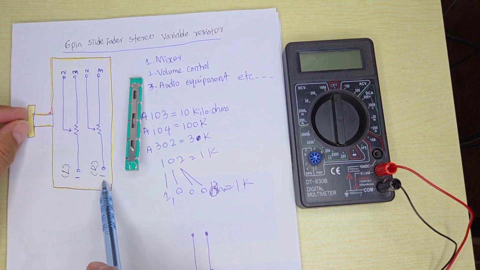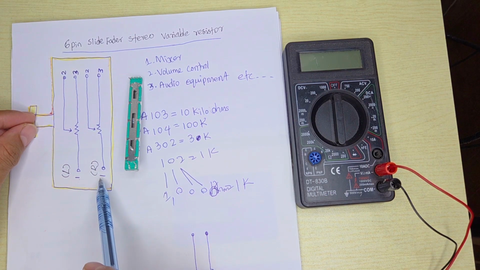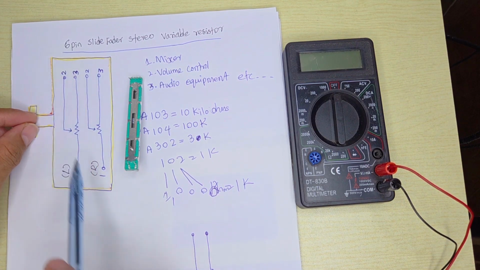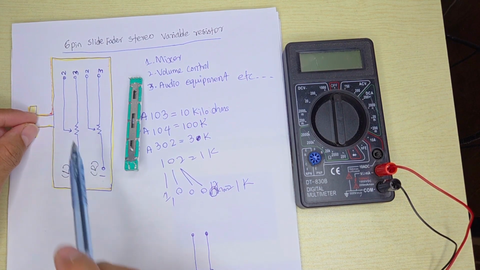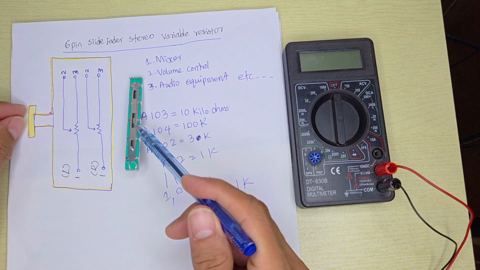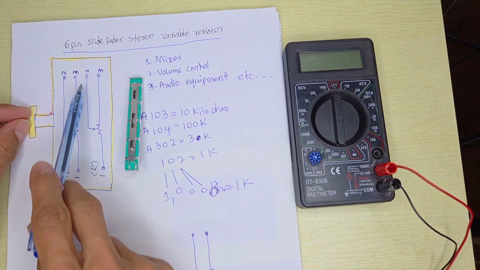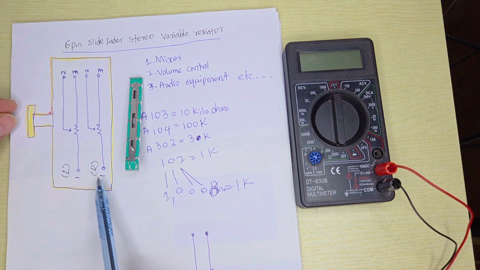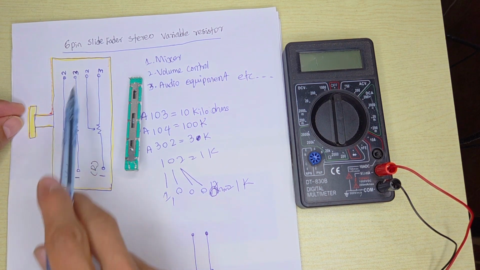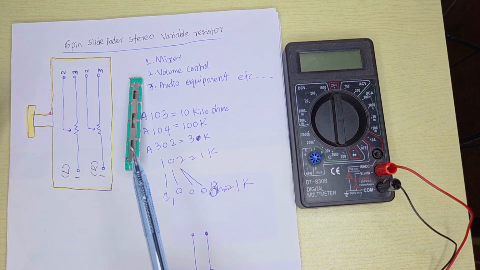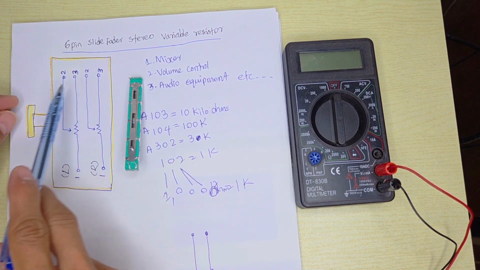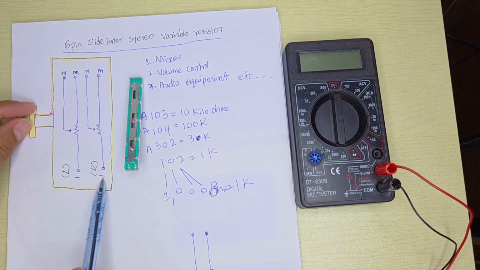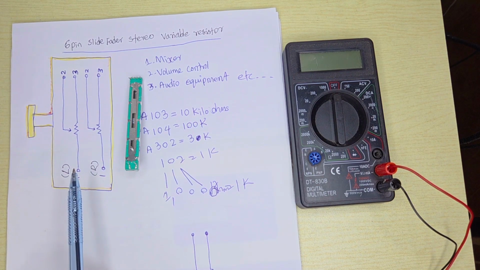The same goes for the right channel. If you measure pin 1 to pin 3, the value will not change and will be fixed according to the body value. But pin number 1 to pin number 2, the value will change. So here is the right input and right output, and this is ground. Or otherwise you can treat it as input output, input output, and these two are the ground. That's up to you.